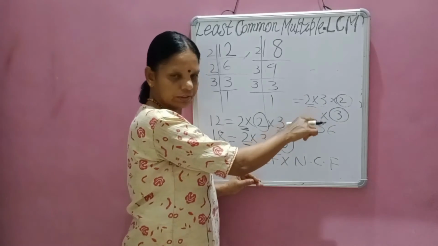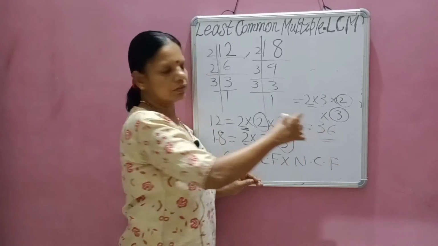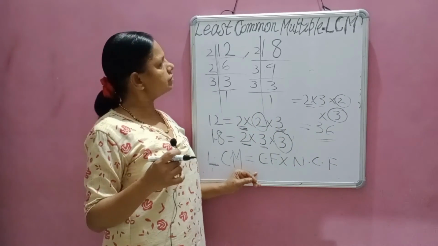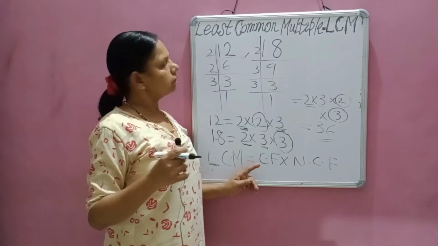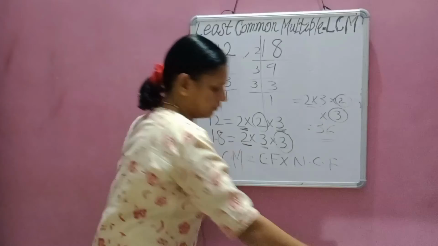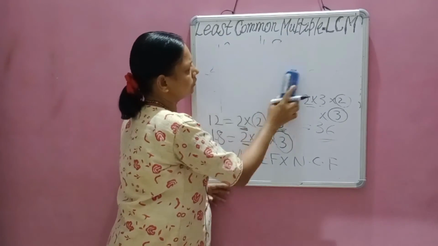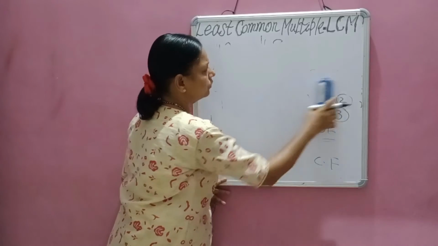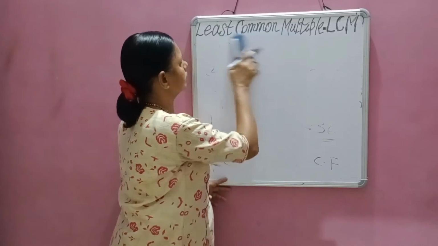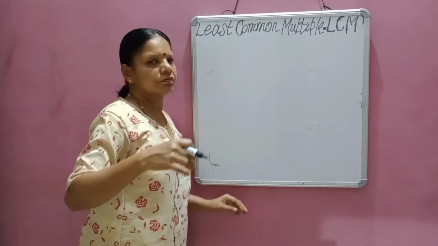Both the numbers have 2 into 3, and then the non-common. Multiply and you got the answer 36. So LCM of 12 and 18 is 36.